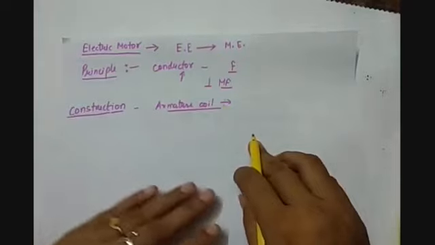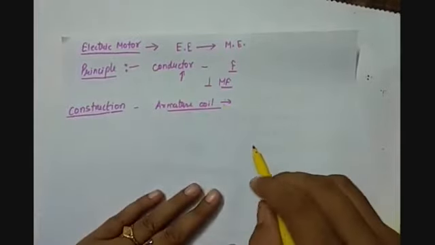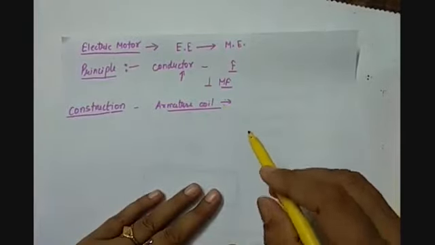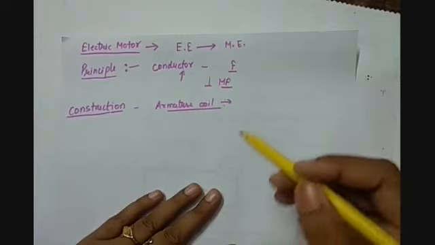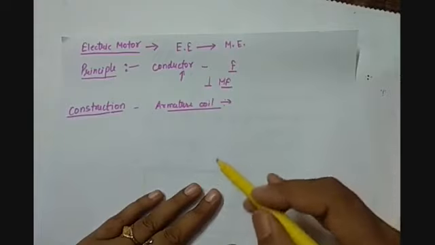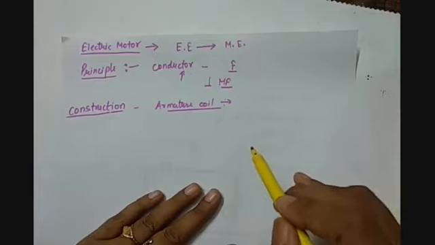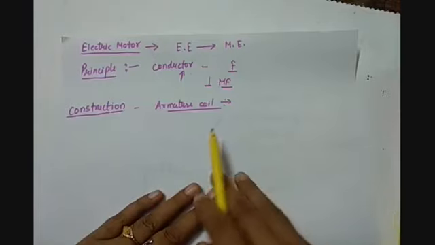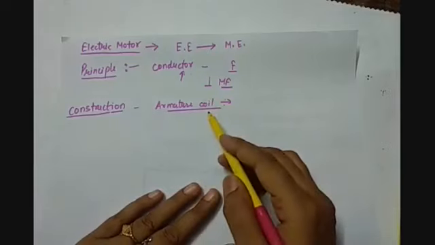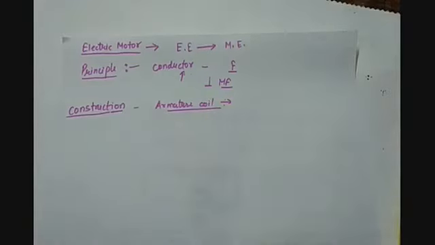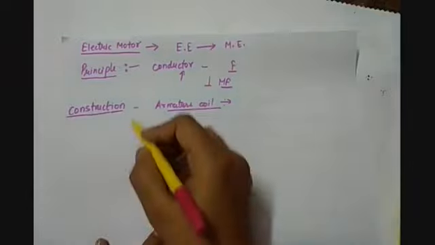Armature coil is the coil made by winding insulated copper wire. When you wrap the copper wire in the form of coils, it forms an armature coil. So this is our conductor which we are going to place inside the magnetic field.